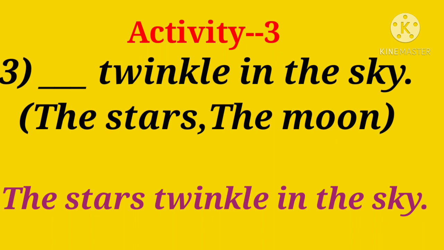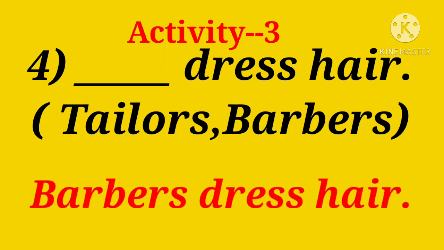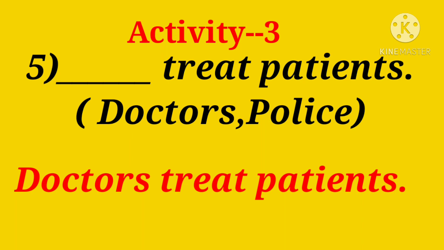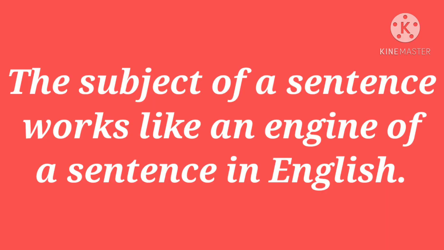Dash dress hair. Barbers dress hair. Dash treat patients. That is doctors. Okay, so you see in this activity the subject of a sentence, which is just like the engine of the train, works.